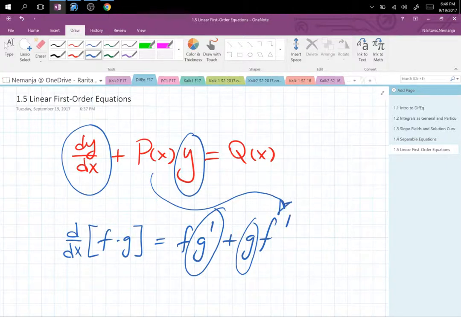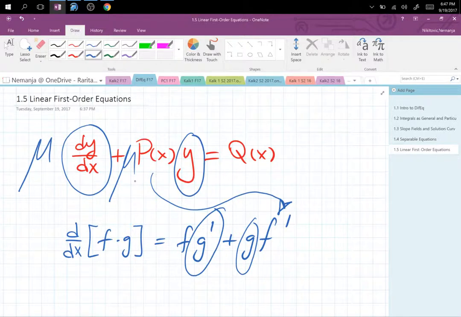Do you see that connection? Well, sorry, it's this p of x, it's not f prime, it's close to it. So if I multiply this with some function, they have a different letter. I believe that book uses mu. They have rho, so we'll use rho.